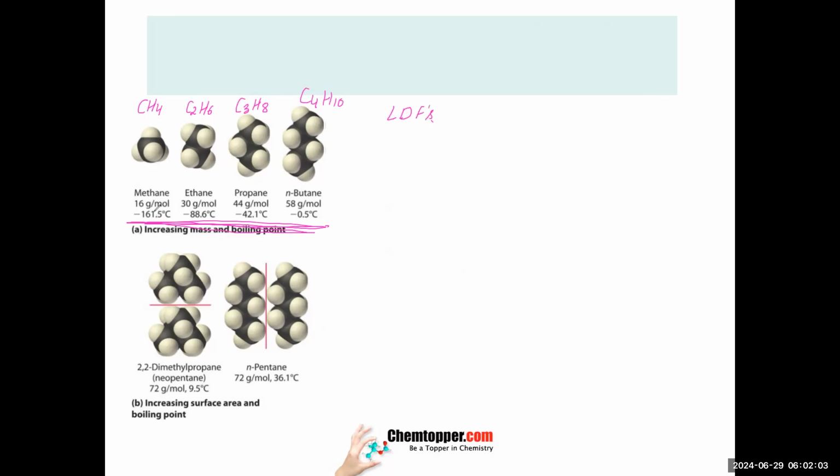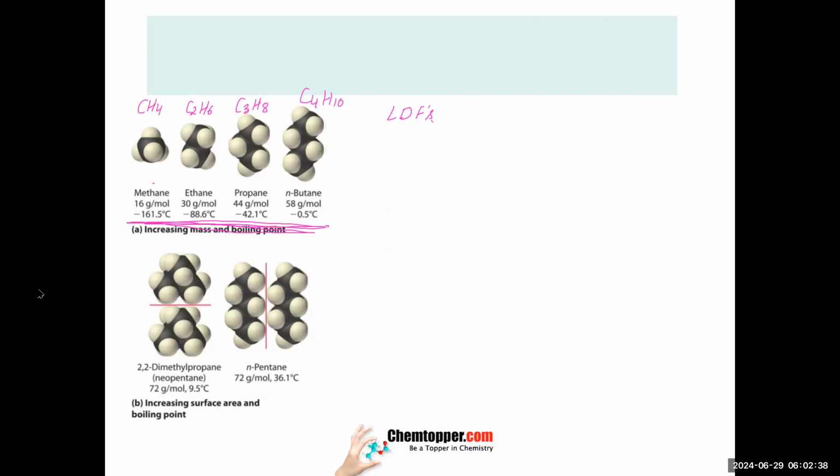So what is happening to LDFs as you go from methane to butane? Increasing. Give two reasons. In which case is the electron cloud more polarizable? Which molecule is more polarizable? Yes, like this. Start using this word polarizable. The butane has more polarizability than methane.